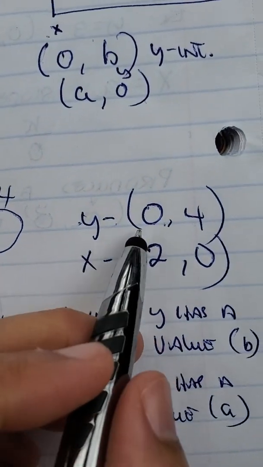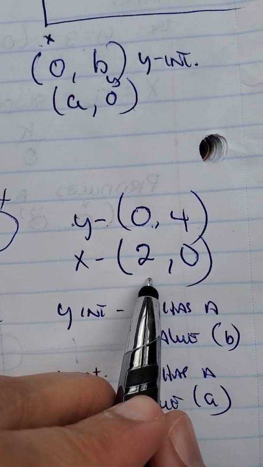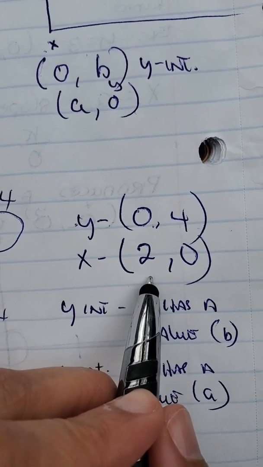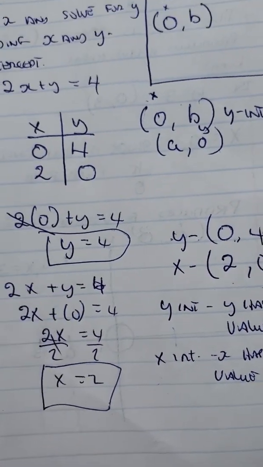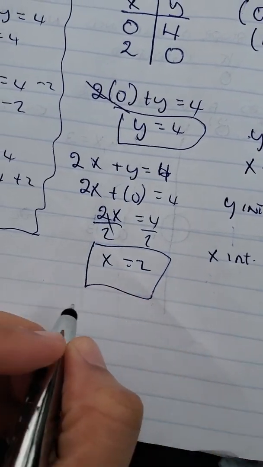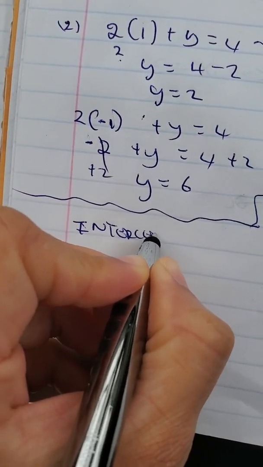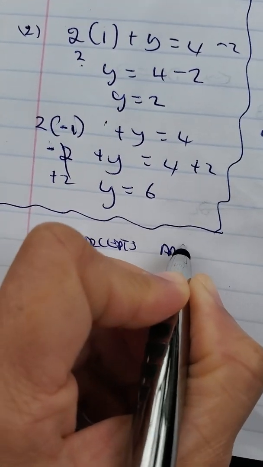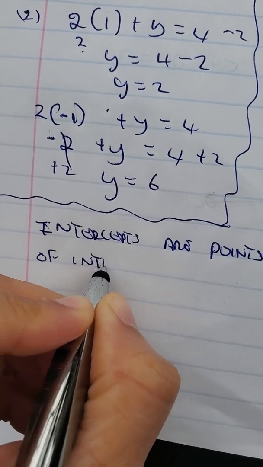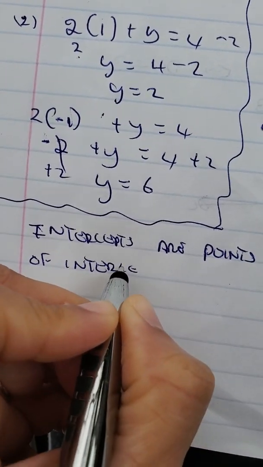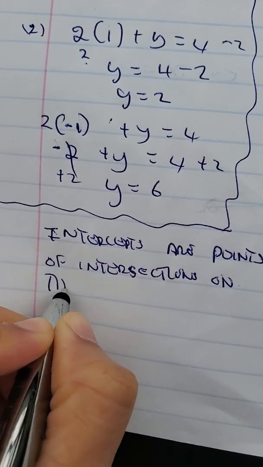So now I have 2 points that I can graph, and I bet you the graph will look the same. Now, what you also need to know about the intercepts, if you haven't viewed previous videos, is that intercepts are points of intersection, forgive my spelling, on the graph.